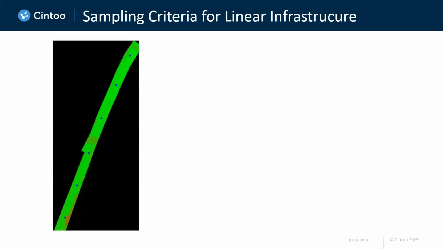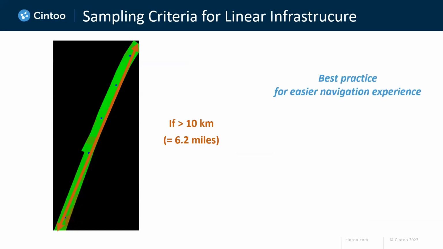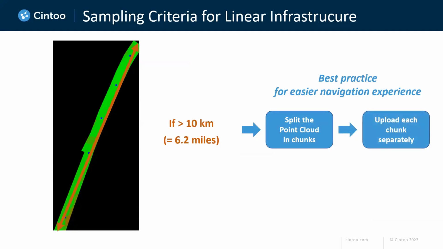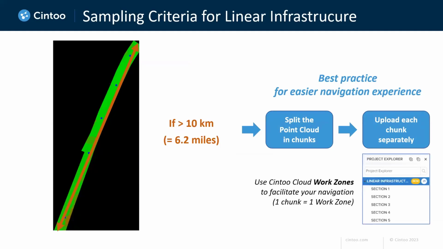One trick though, if you have linear infrastructure that is longer than 10 kilometers or 6 miles, we do recommend that you chunk the point cloud into smaller pieces, and then you upload each chunk separately. And you can use, of course, Cintoo Cloud work zones with uploading one chunk into one work zone to facilitate your navigation.